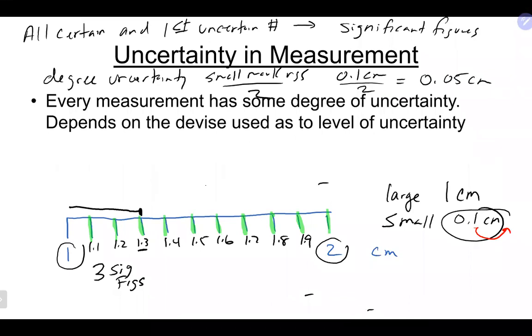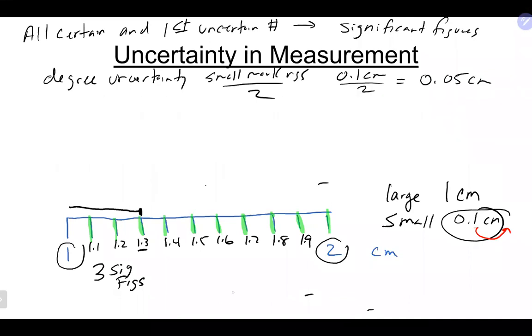So we do have a couple of things that we could record. We could record 1.3 centimeters. We could record 1.30 centimeters. Could record 1.3000 centimeters. Is there an actual difference between these numbers? Are they all really the same because it all says 1.3?